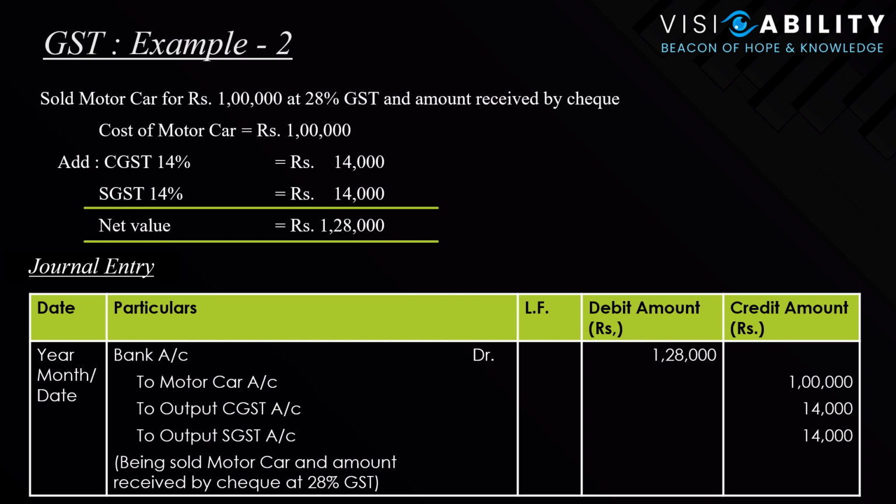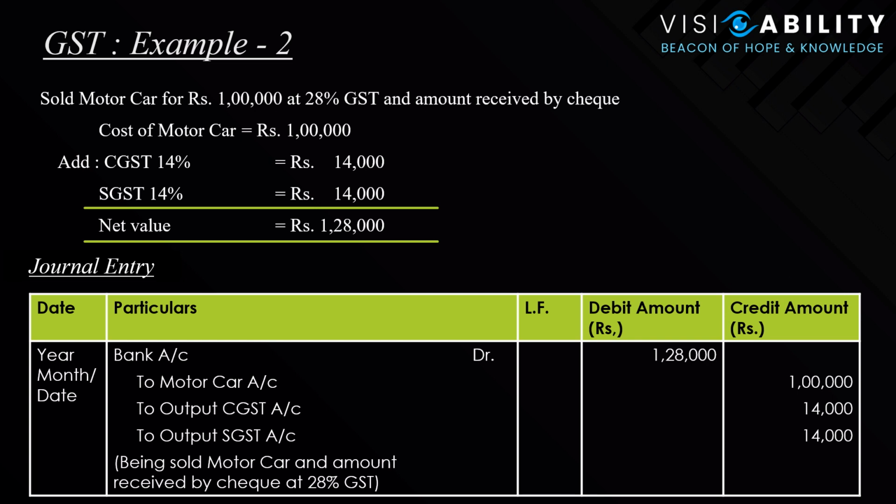When we are a consumer, CGST and SGST being our expense, or our loss which is being borne by us, it's being debited, and the word input is being put before these two GST amounts. When we are a seller, it would be preceded by the word output.